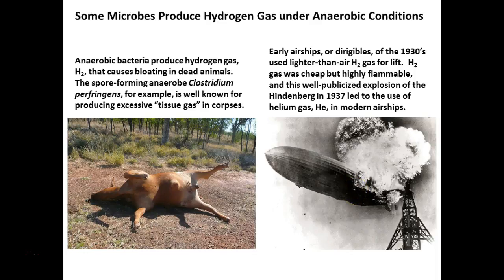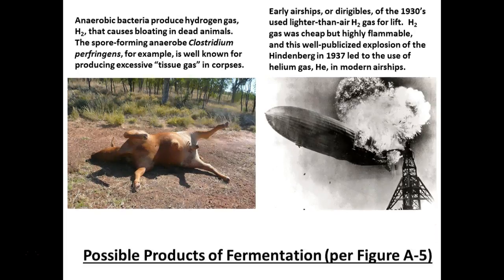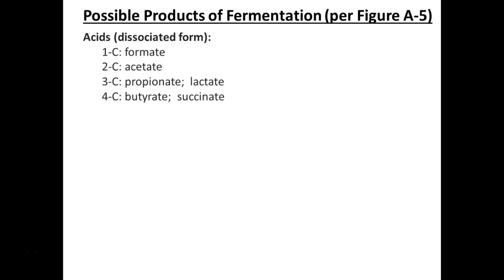Now, the Hindenburg is another famous example of what can happen with hydrogen gas. It's explosive, and it's lighter than air, but a spark can ignite it. And what do they put in the blimps now? Helium. Airships of today.